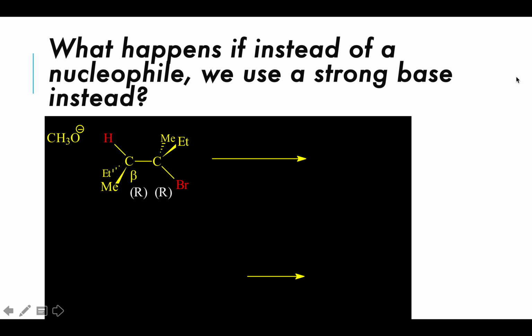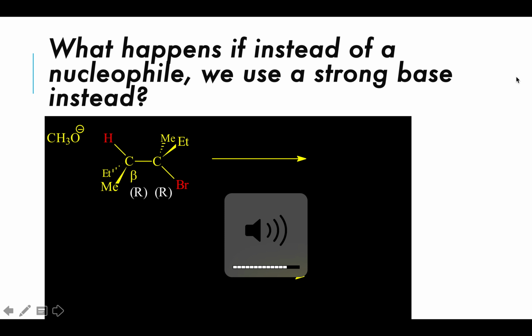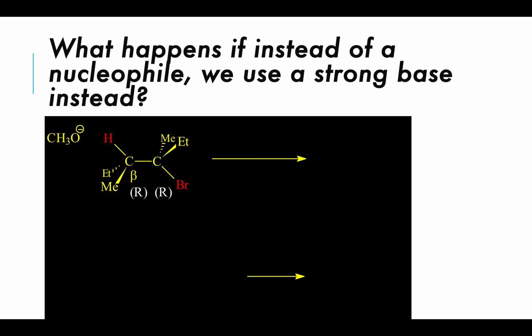Okay, so the last time I already showed you guys a quick demo of how we do an E2 elimination. And I said that E2 eliminations happen when you have the conditions that allow for an SN1 reaction, but instead of a nucleophile, we used a very strong base.